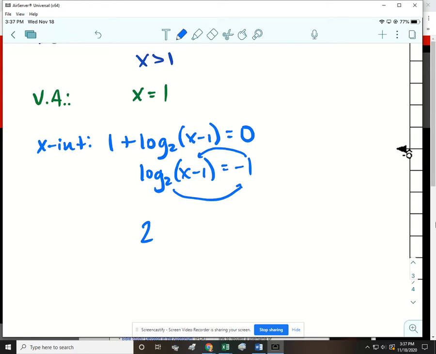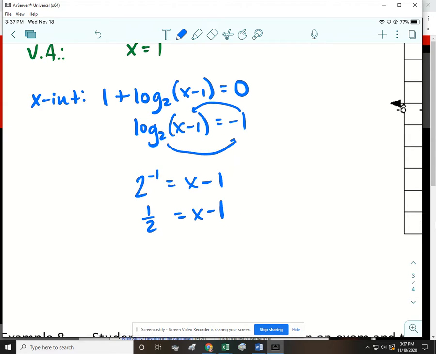So it becomes 2 to the negative 1 is equal to x minus 1. 2 to the negative 1 is 1/2. All right, and then I'll add that 1. So 1/2 and 1 is 1.5. Okay, so our x-intercept is at 1.5, 0.